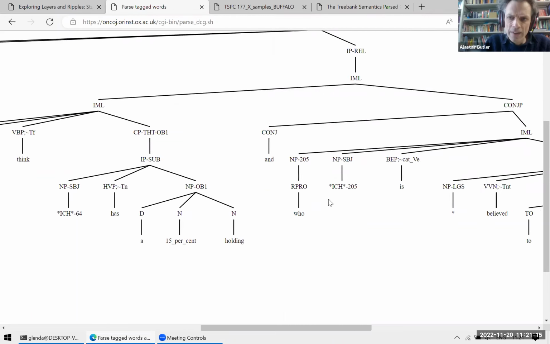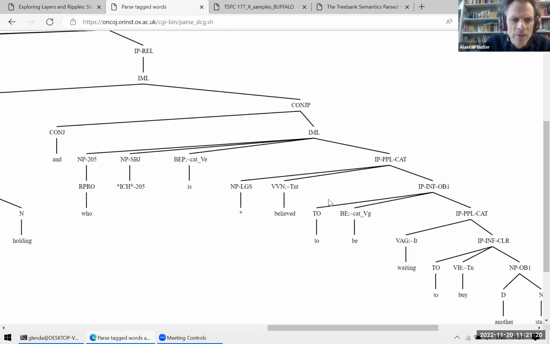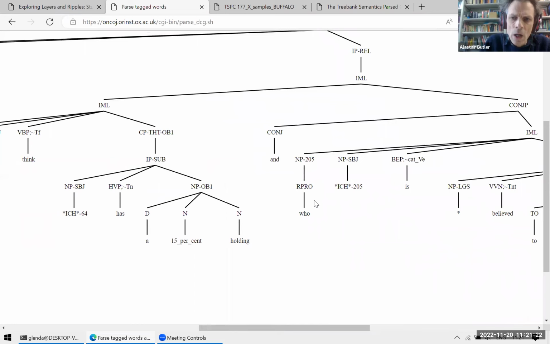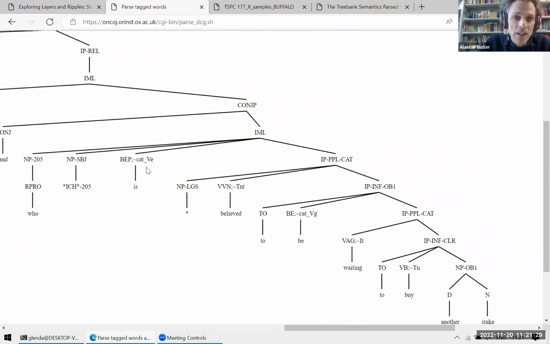If we look at the next part of this conjoined relative clause, we have another relative pronoun, which is immediately interpreted as the subject of this relative clause. Then we've got information that this is a catenative instance of present tense be, which gives rise to a catenative complement that is a passive participle, "believed", hence the logical subject information.